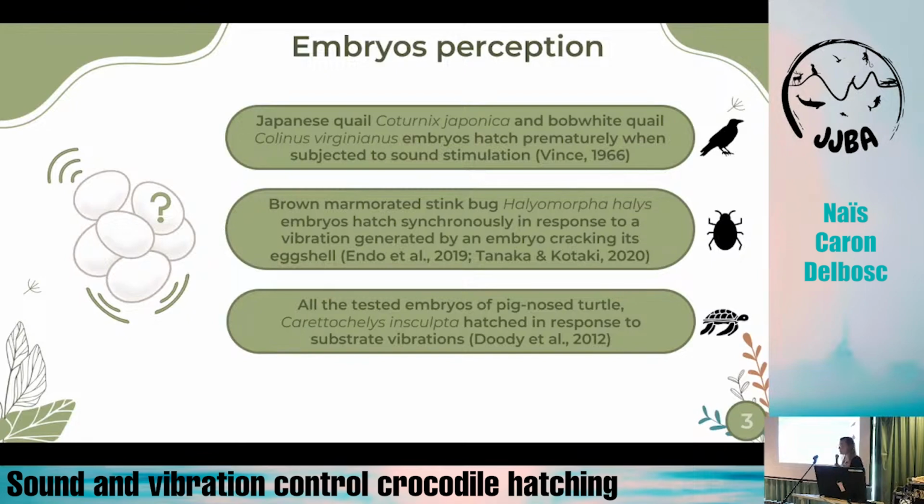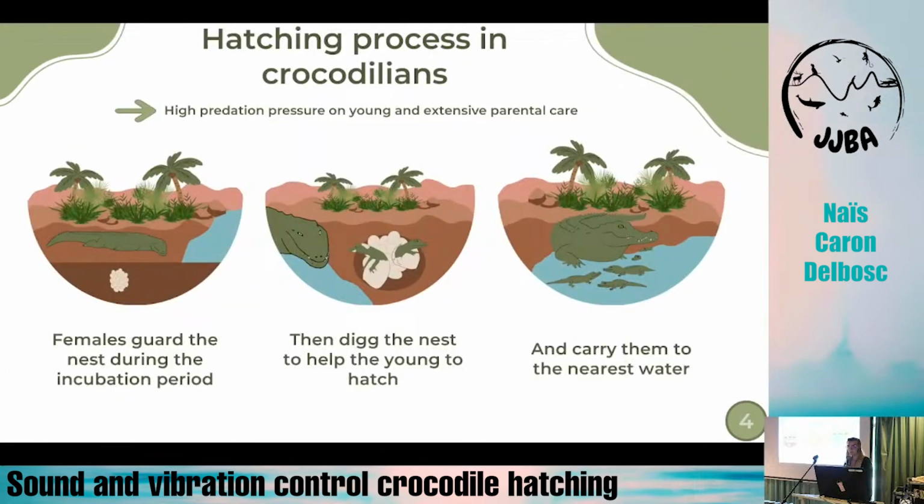For example, for the pig-nosed turtles, we saw that all the embryos tested with substrate vibration hatched together, suggesting that the hatchlings could detect and react to the signals of their nest mates in the nest and hatch accordingly. And in the present study, we investigate the mechanism governing hatching synchronization in crocodilians.